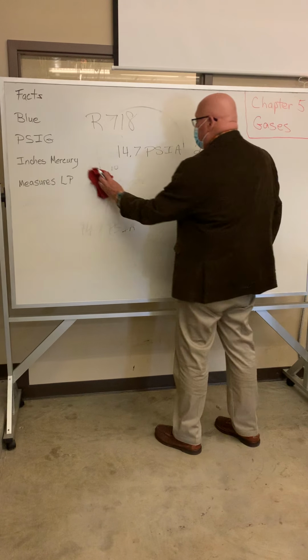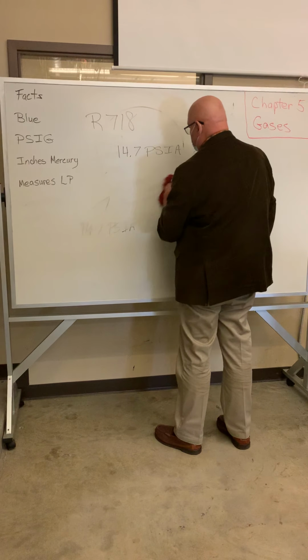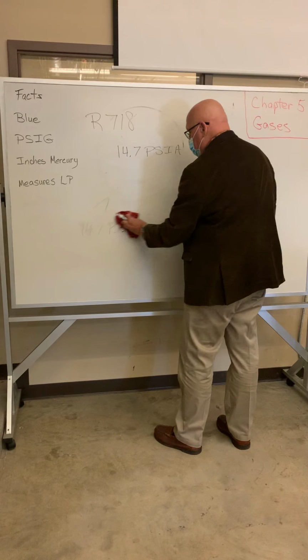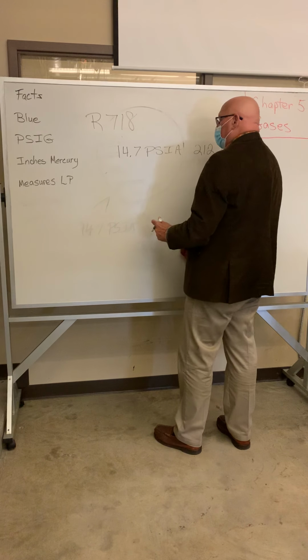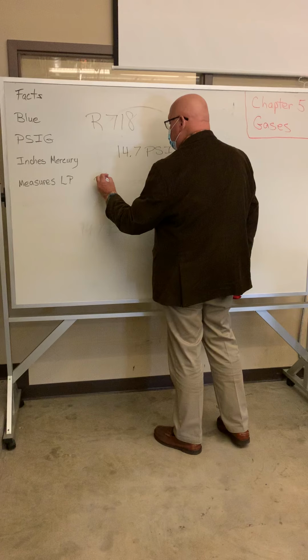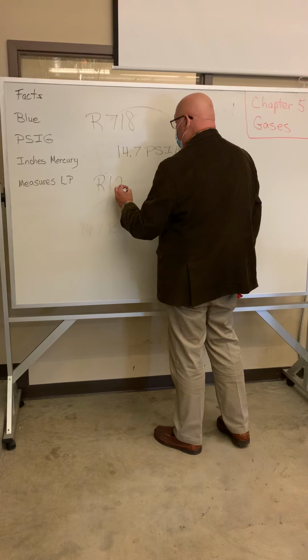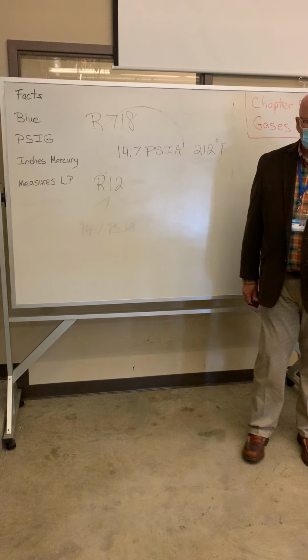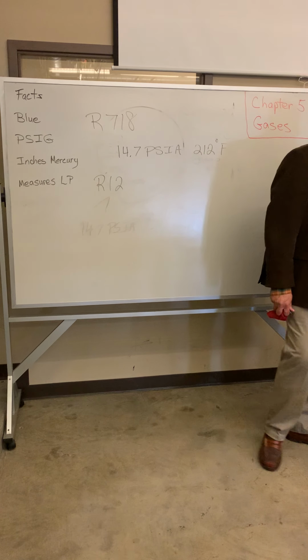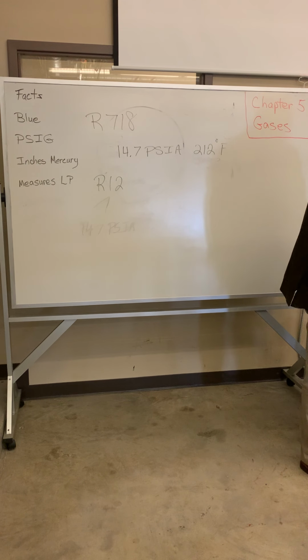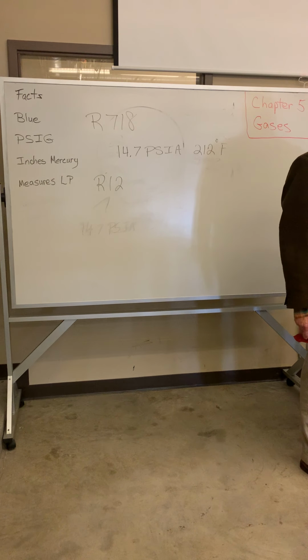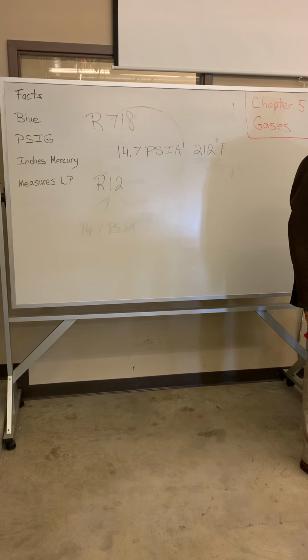But now, how about another refrigerant? This time we'll put up a real refrigerant that you're using, and we'll say R12. We'll go really old school. So at 1 atmosphere, the temperature at which R12 changes state from a liquid to a gas is not 212.